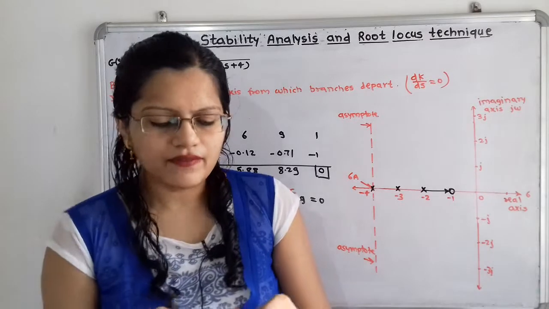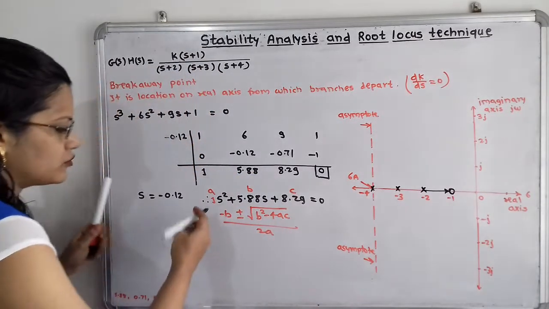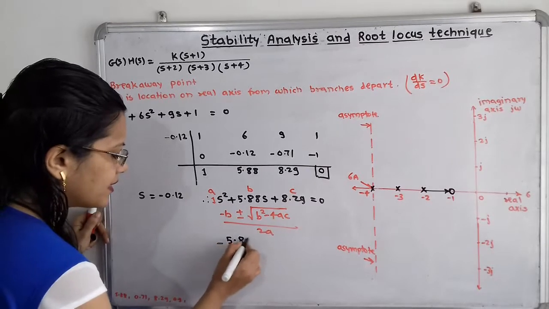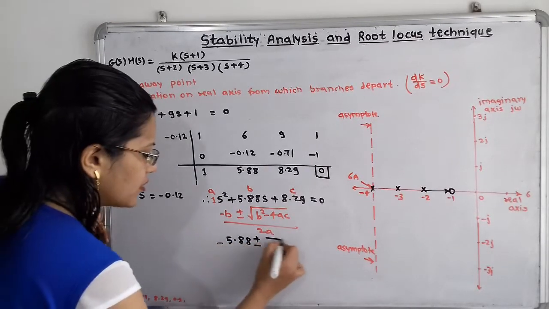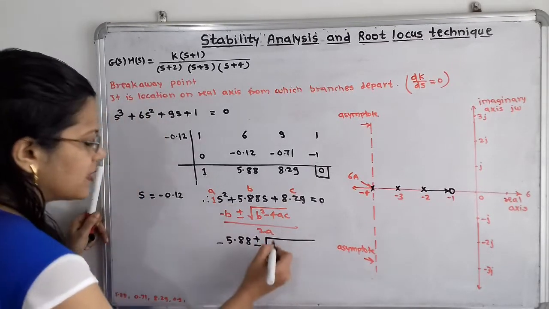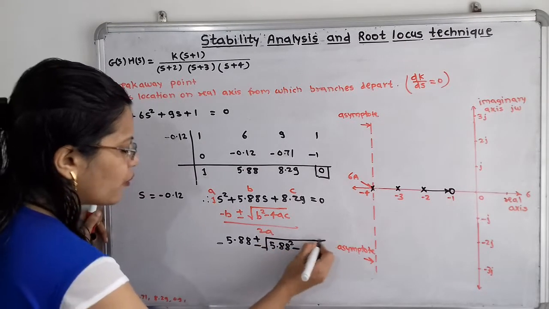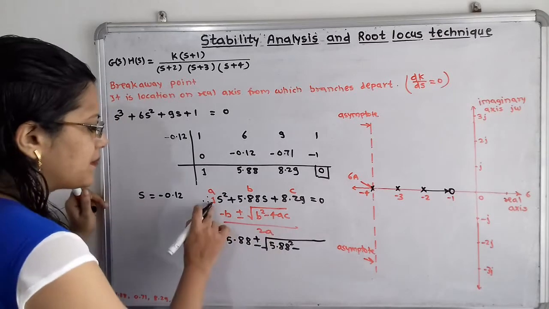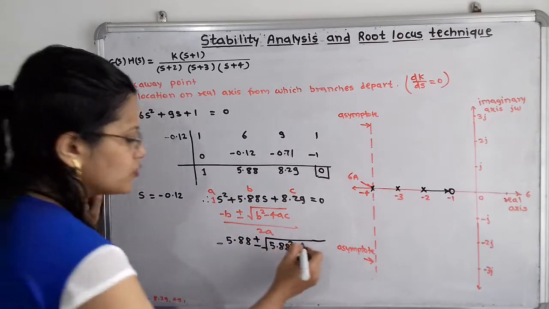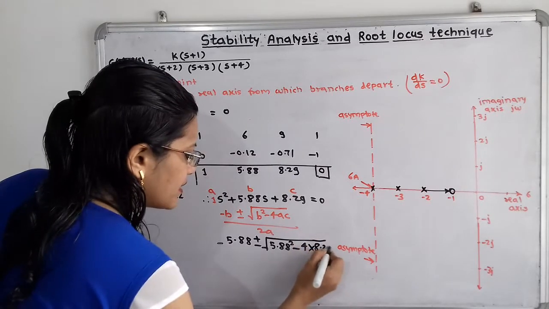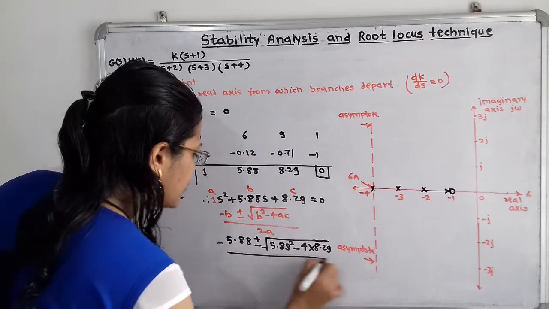Now again we will put these values. So minus b, that is minus 5.88 plus minus under root of b square, that is 5.88 square, minus 4ac. So 4 multiplied by a, which is 1, multiplied by 8.29, divided by 2a.